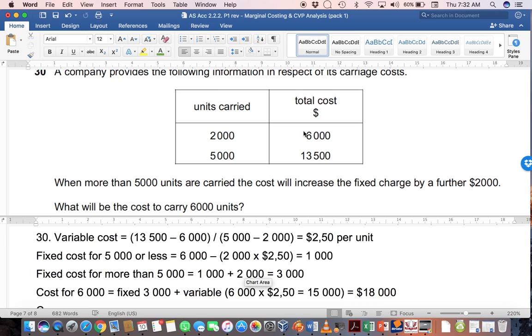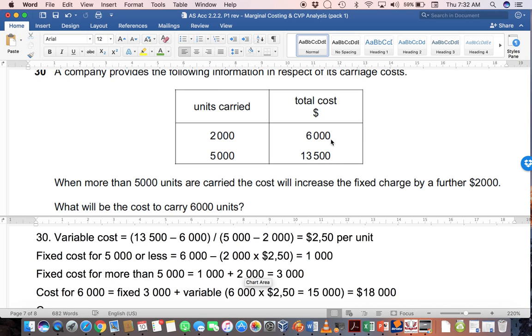And we'll do that by looking at the total change in the total cost. So the 13,500 minus the 6,000 to get a difference in the total cost, and divide that by the difference in the units carried. In other words, the 5,000 minus the 2,000. And we can then work out that the variable cost is $2.50 per unit that is carried.